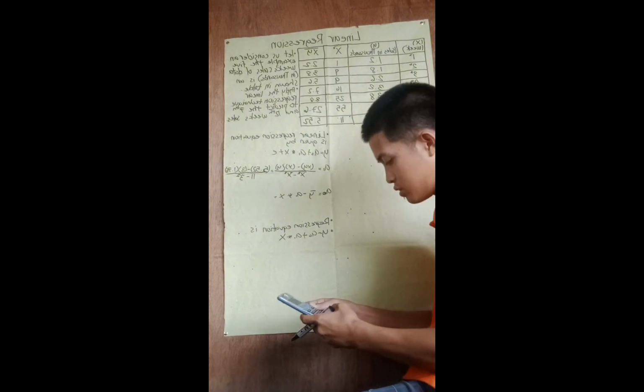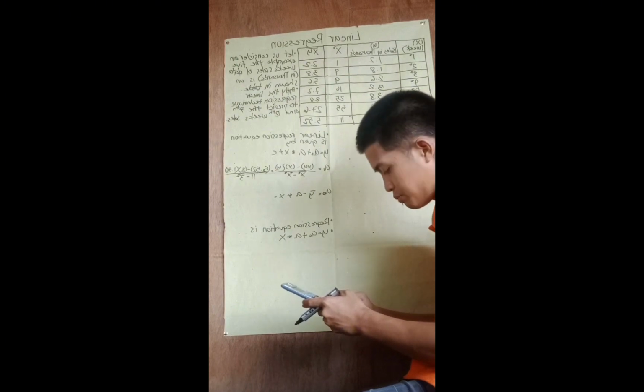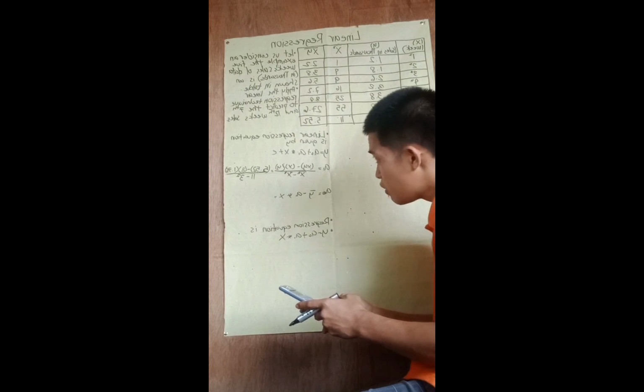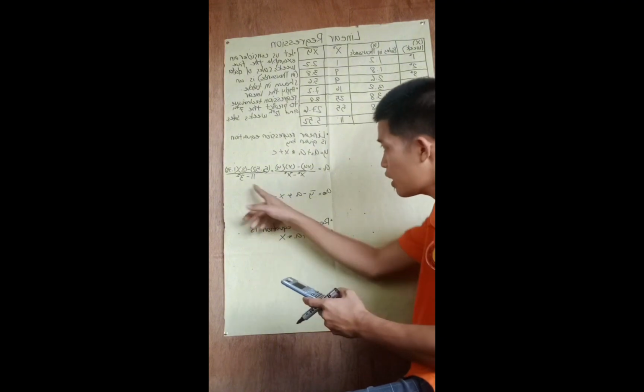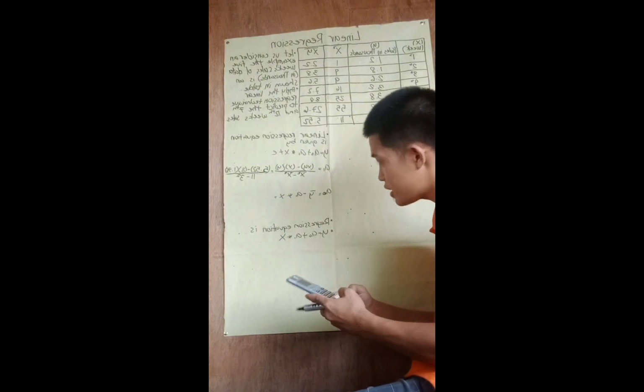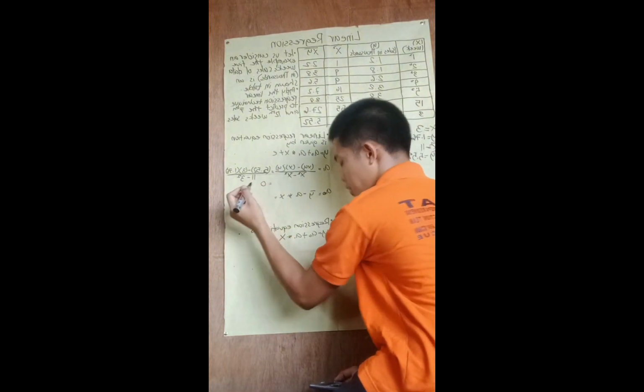So let us solve. 5.52 minus 3 times 1.76, over 11 minus 3 raised to 2, is equal to 0.12.